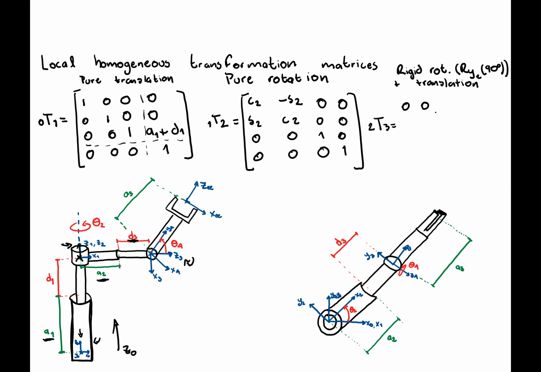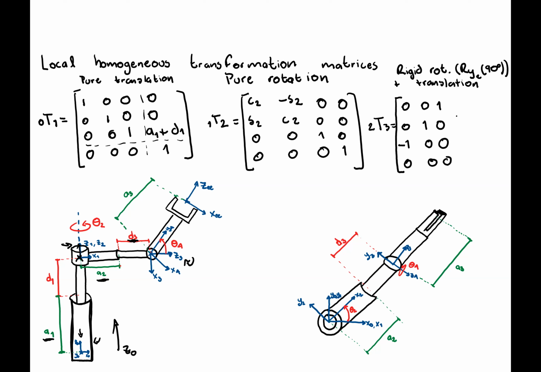Remember that this is going to be sine of theta, because it's a rigid rotation. This is the sine of 90 degrees. So this is 1, this element right here. Then this element is just the one that is usually in the rotation around the y-axis, and then on this you have minus sine of 90, which becomes minus 1, and then you have 0, 0 here, and then we have our usual 3 zeros here.